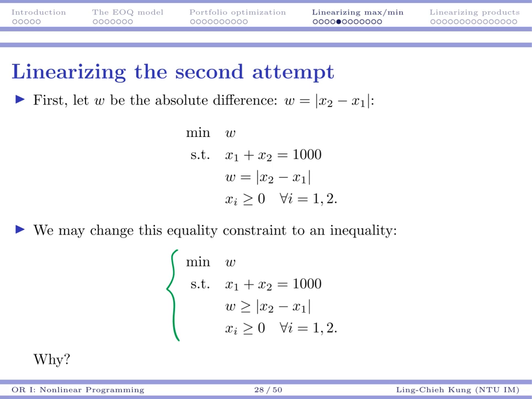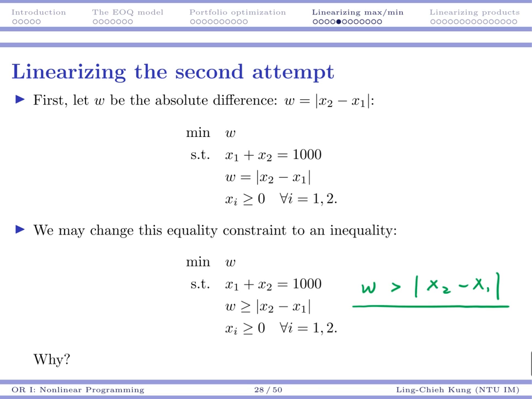We would see that because we are minimizing w, and w only appears in one constraint, and w is lower bounded by the right hand side, then in this case, there cannot be an optimal solution where w is really greater than the right hand side. Okay?